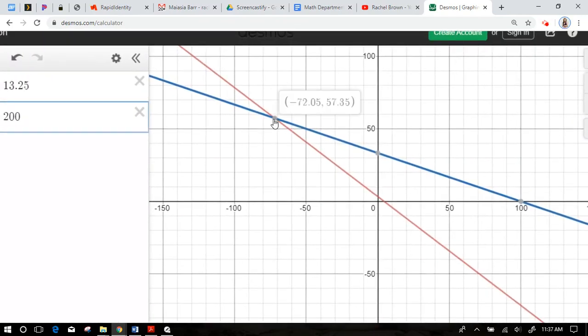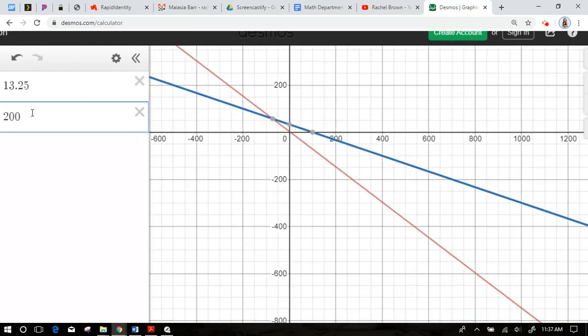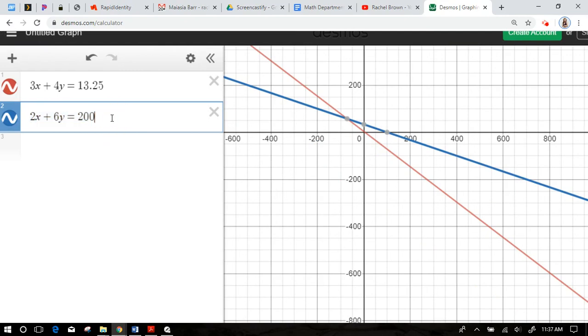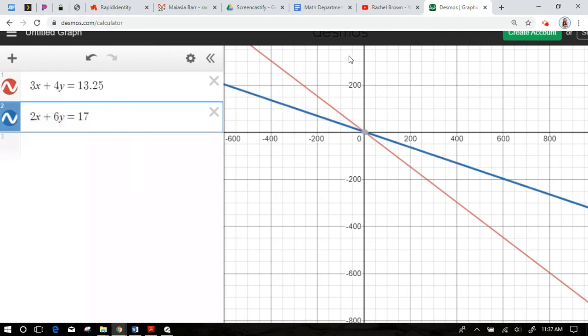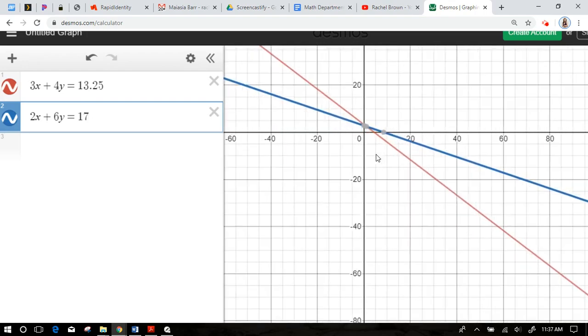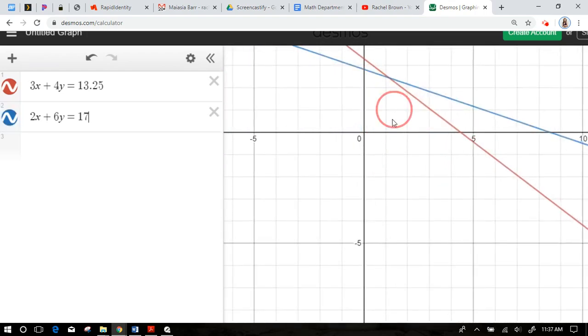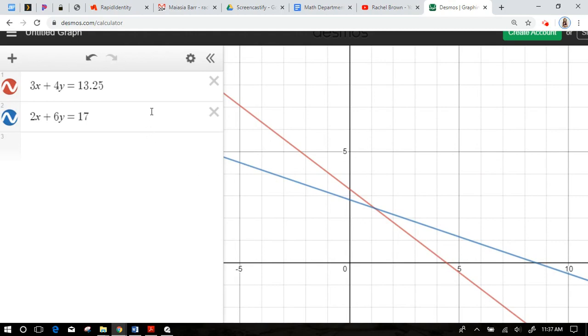And then you would be able to see where they intersect, okay? So I'm going to go ahead and fix this equation back so I can remember what my solution was. So 17. Now I'm zooming way back in, and I can see that they intersect right there.